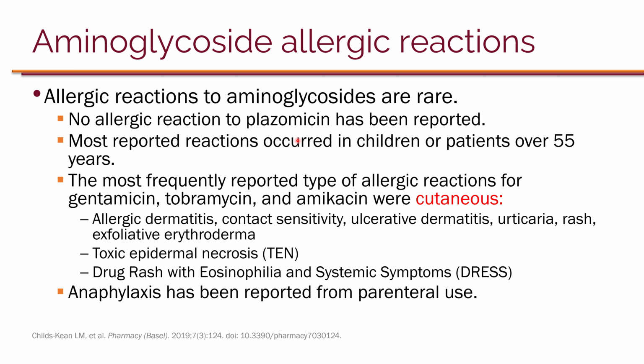And the most frequently reported type of allergic reactions are cutaneous, so things like allergic dermatitis, contact sensitivity, ulcerative dermatitis, urticaria, rash. And there could occasionally be some serious cutaneous reactions like TEN and DRESS. And anaphylaxis has been reported from parenteral use.